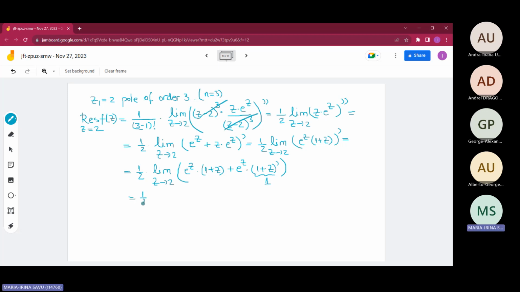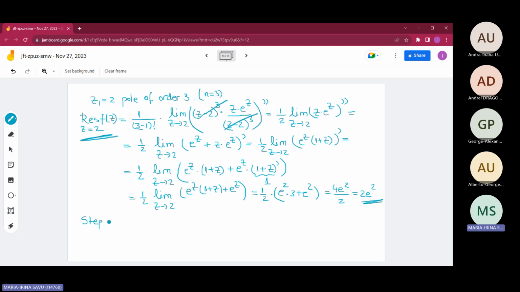So we have 1 over 2 times the limit when z goes to 2 of e to the z times (1 plus z) plus e to the z, which is e squared times 3 plus e squared, so it's 4e squared over 2, so it's 2e squared. Okay, so this is the residue. The residue is 2e squared.